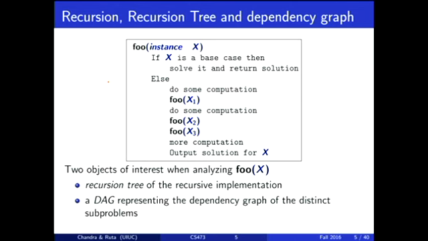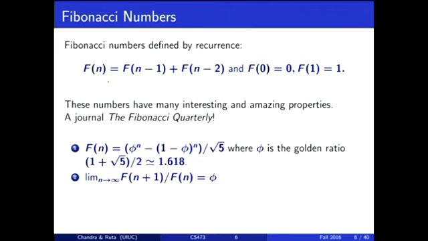So given a recursion, there are 2 objects one needs to pay attention to. The recursion tree: if you just implement it directly as a recursion, the computation time will depend on the size of the recursion tree. If you pay attention and say, look, I'm recomputing the same thing again and again, and avoid that, you will create what's called a dependency graph, or a DAG. That's abstract. Let's see a very simple example.